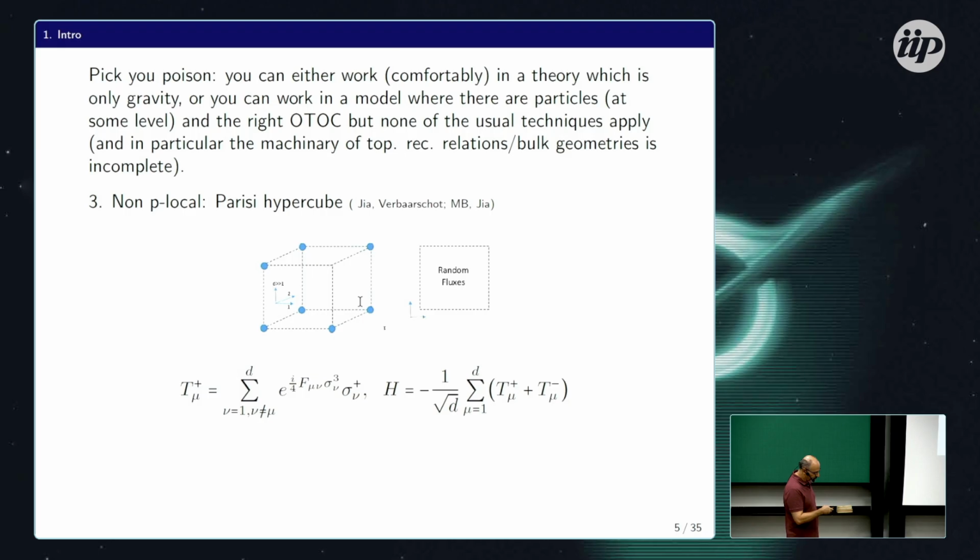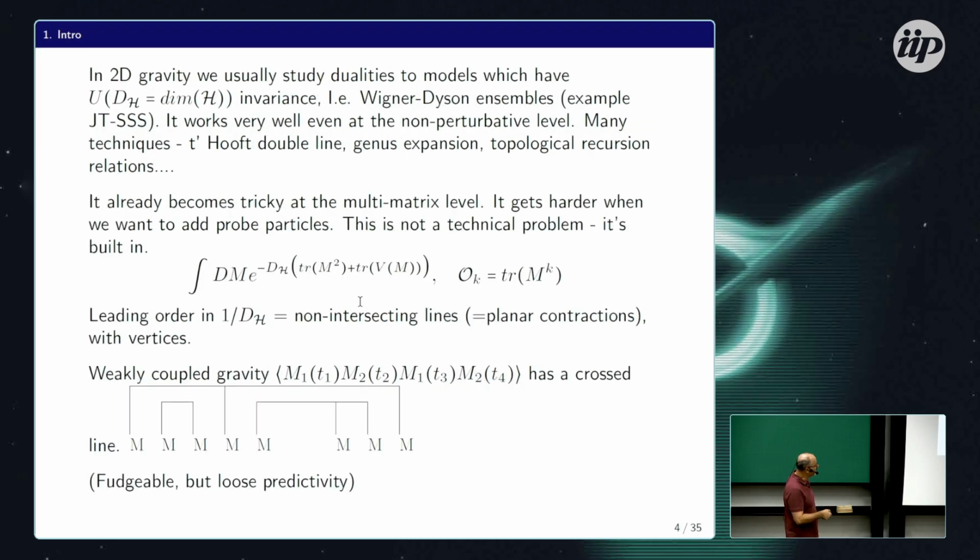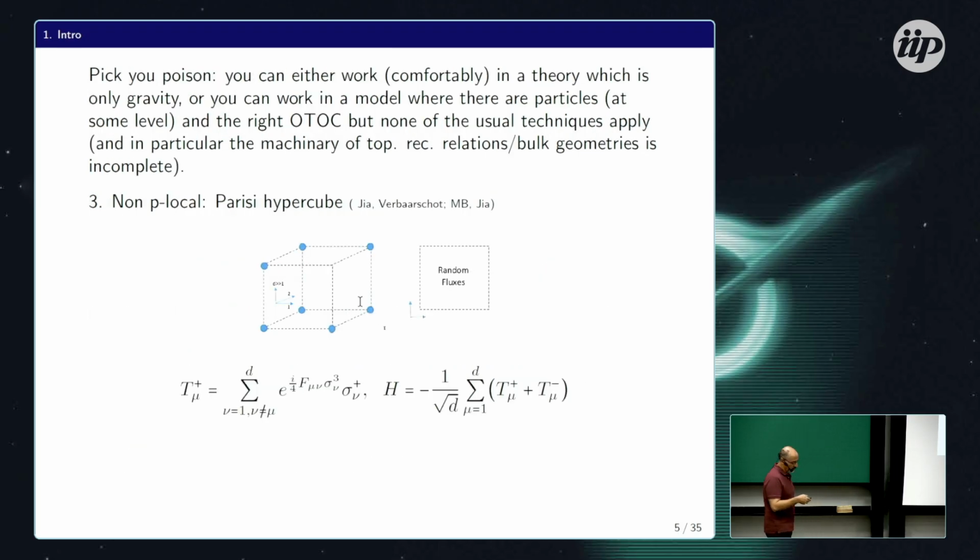People who are interested in what you can say about correcting this order by order, and what the size of these vertices is, there's some recent work by Kurchan, but also people in our field. So you have to pick your poison. You either work in the theory that has only gravity, which is these Wigner-Dyson ensembles, and then there are lots of techniques, or you can work in a model in which there are particles and the right OTOC, but then none of the techniques apply.